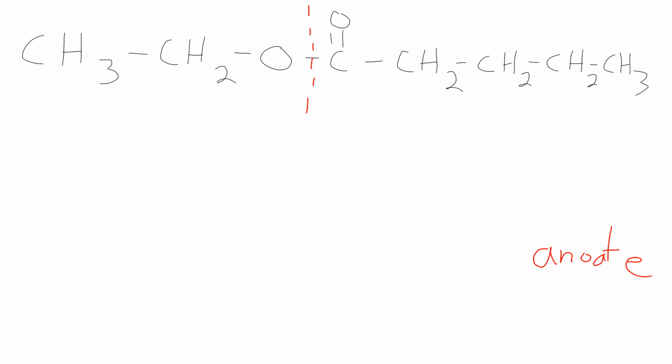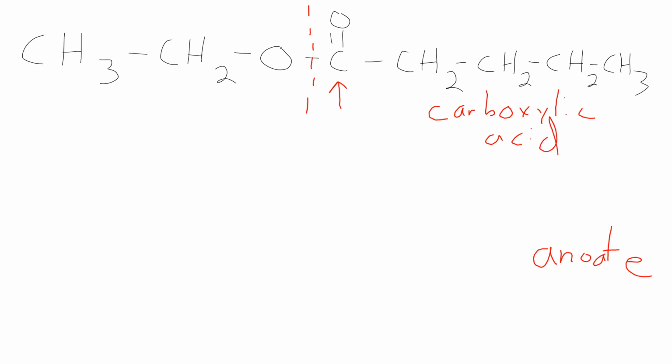Next, we want to identify which side of the molecule is the carboxylic acid piece and which side is the alcohol piece. The side with the C double bond O, so the right hand side, the way this one's drawn, has the C double bond O. The side with the C double bond O originally came from the carboxylic acid.